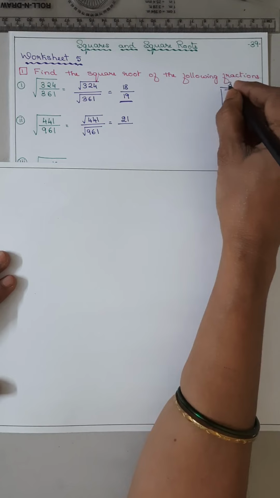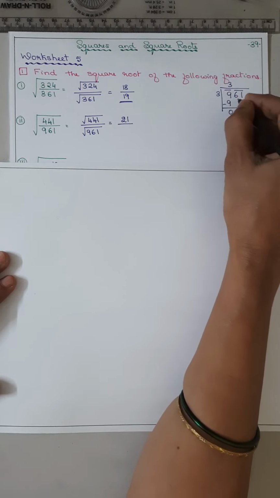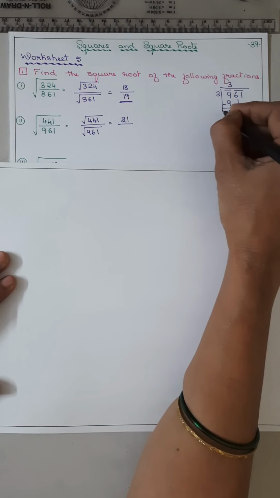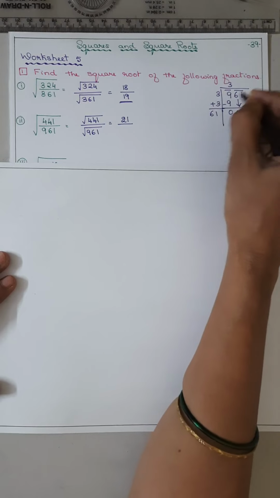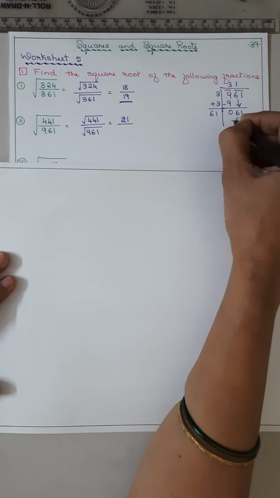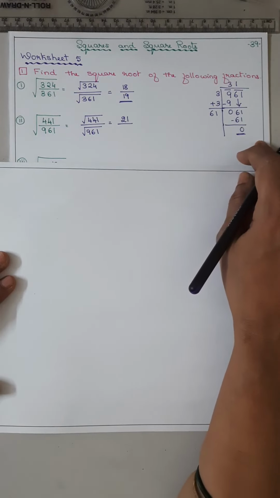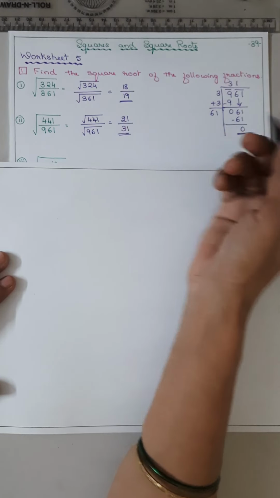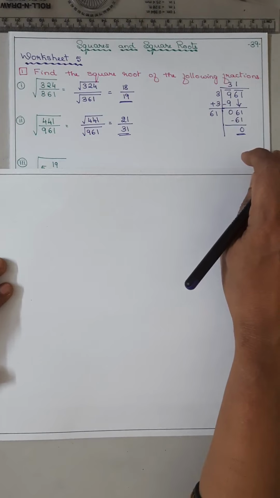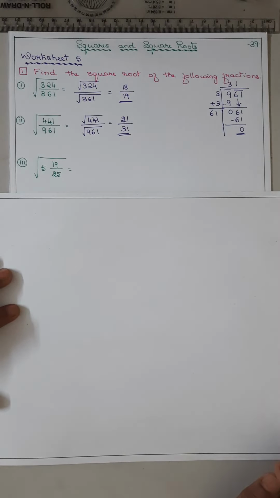So 3 3s are 9, 0, take 61 down, add 3, 6, so 1, 61. Okay, if it is a 1 mark question, direct MCQ questions, you can write the answers directly. But if it is solve the sum, then you might have to show the method.